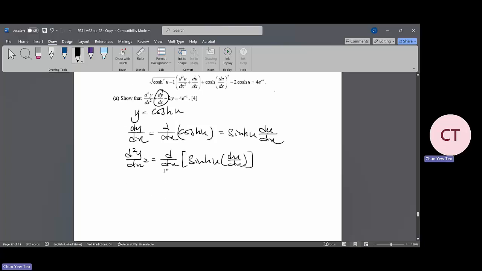So you will get implicit differentiation. So you have a cos u, keep the left, differentiate the right, plus keep the right, differentiate the left. So it will be cos u du over dx squared. Okay, so this is what we have.